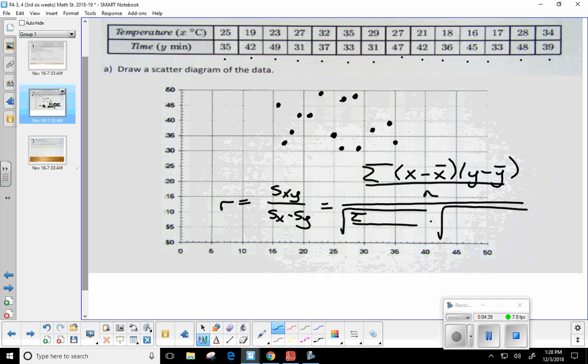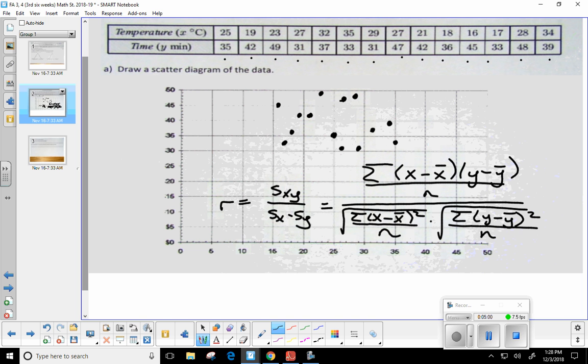Okay, so it's the square root of the sum of x minus x mean squared, divided by the number of terms. Yes, that was the standard deviation. And then we have the same thing for the y's: the square root of the sum of y minus y mean squared, divided by n.